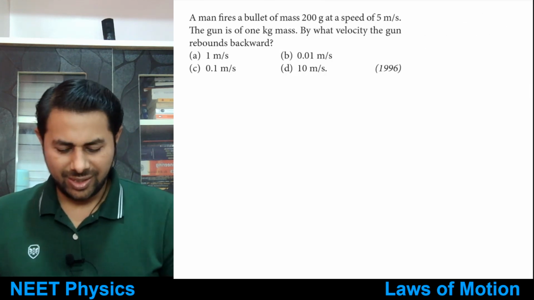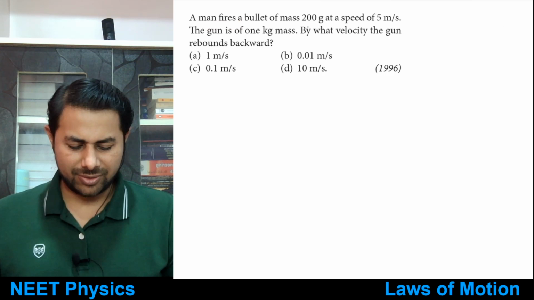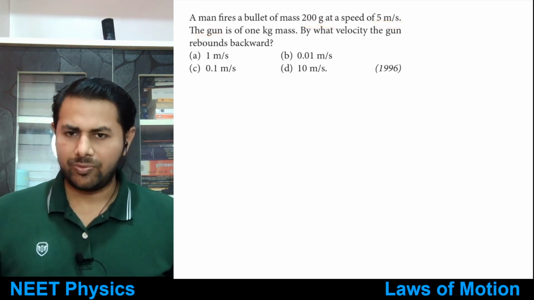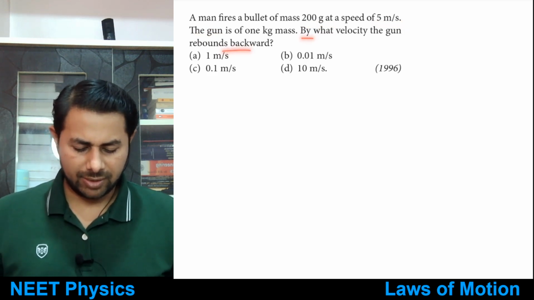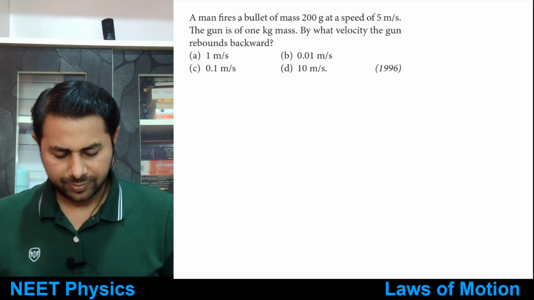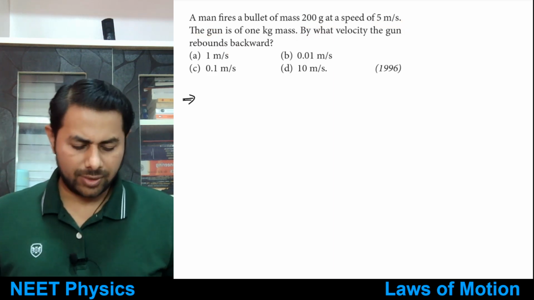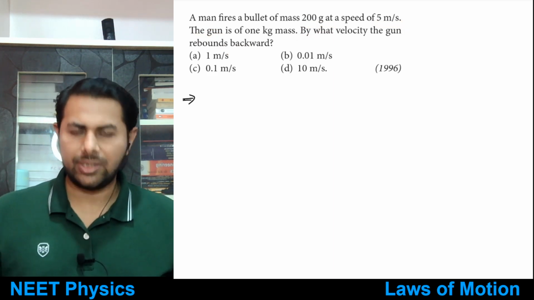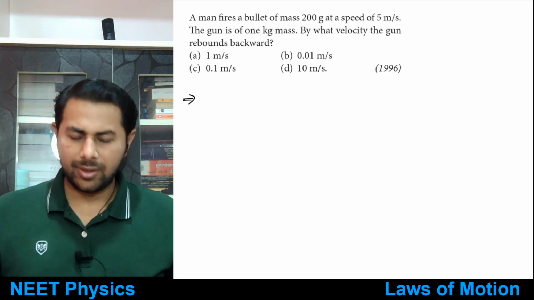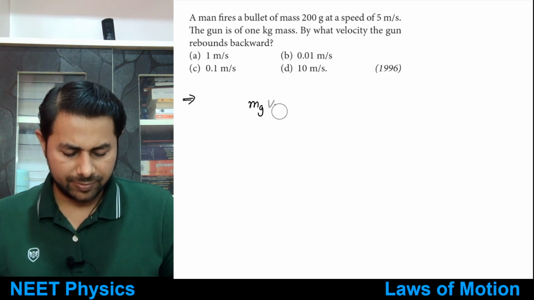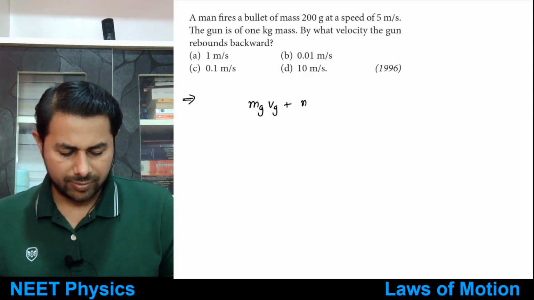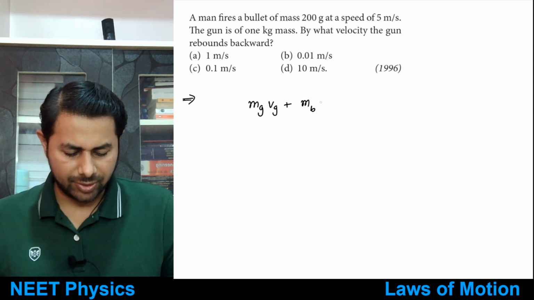Let's see the next one. A man fires a bullet of mass 200 gram at speed of 5 meters per second. The gun is of 1 kg mass. By what velocity does the gun rebound backwards? So again, using the law of conservation of momentum, mass of gun times velocity of gun plus mass of bullet times velocity of bullet is equal to 0.